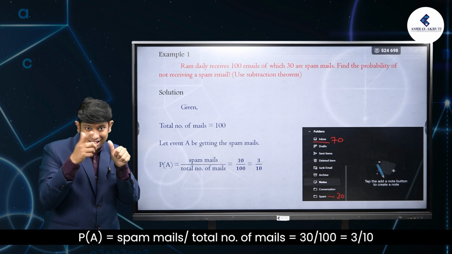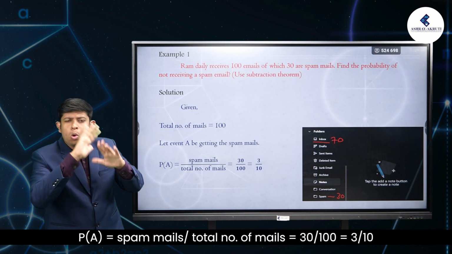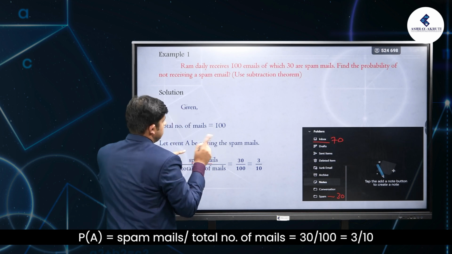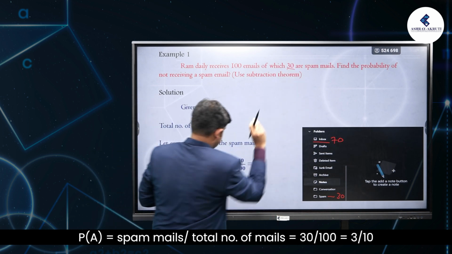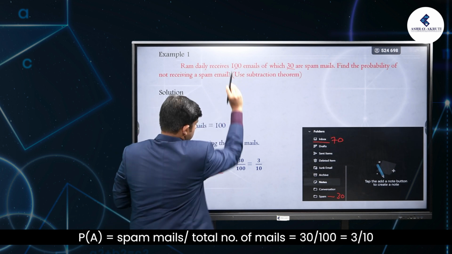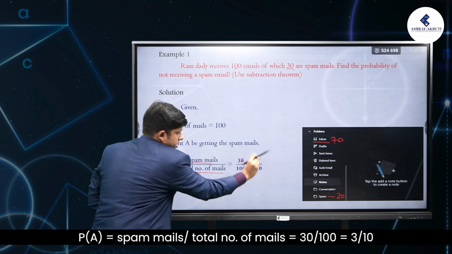P of A is equal to spam mails by total number of mails. That is equal to 30 by 100. By cancelling, we get 3 by 10.